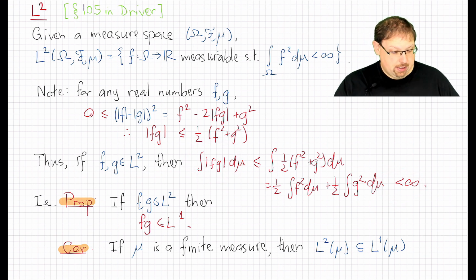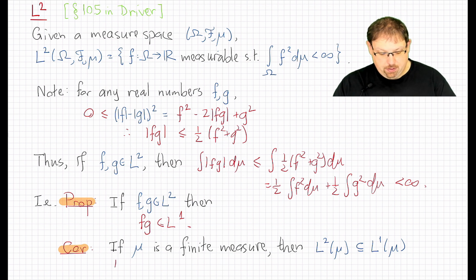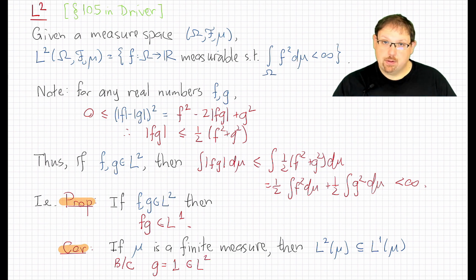And a corollary to that is that if you have a finite measure, like a probability measure, then L2 is actually a subset of L1. And the reason for that is that in a finite measure space, we can take the function g equals 1. That function will be in L2 and L1 and LP, if you remember what that is.